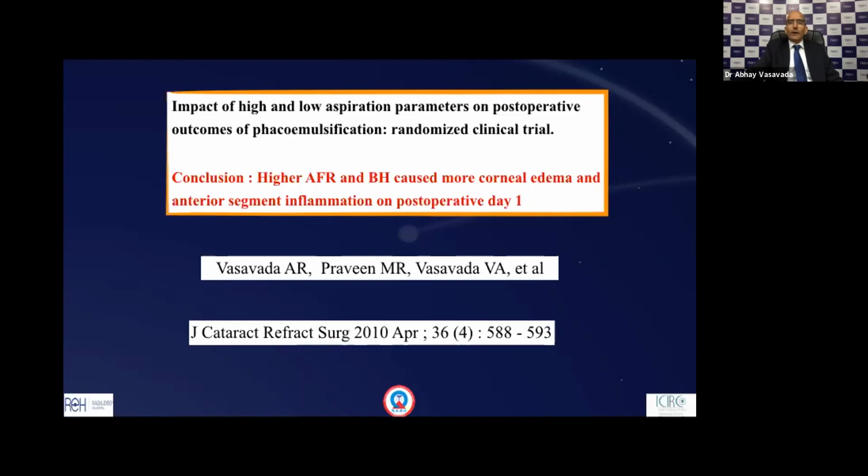But the best part is that when we looked at the cornea, inflammation, and IOP on day one, the eyes with the lower parameters did much better. They had a clearer cornea, less inflammation, and less IOP rise, in spite of more energy going in the eye, more fluid going in the eye, and more time taken.